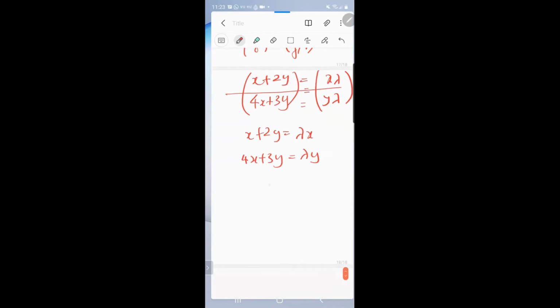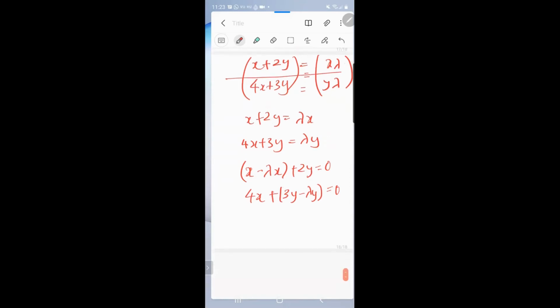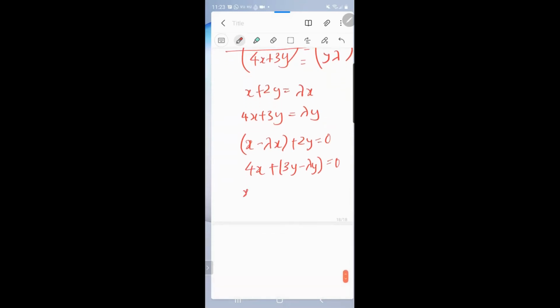Now I'm grouping all the like terms together. So that's x minus lambda x plus 2y equal to 0, and 4x plus 3y minus lambda y equal to 0. So x times 1 minus lambda plus 2 times y equal to 0, then 4x plus 3 minus lambda times y equal to 0.